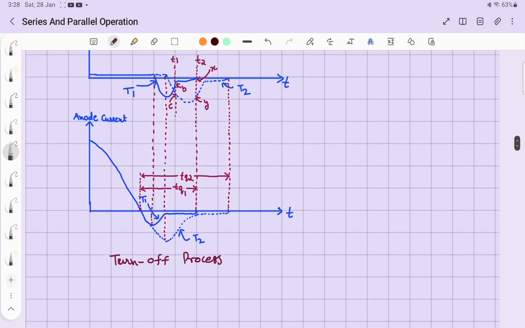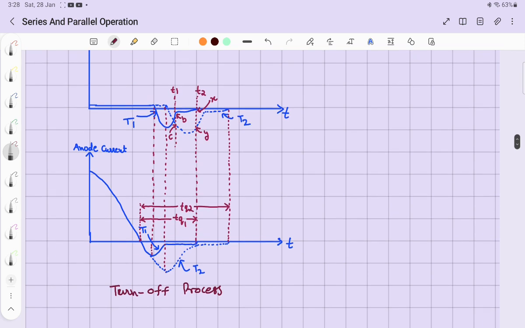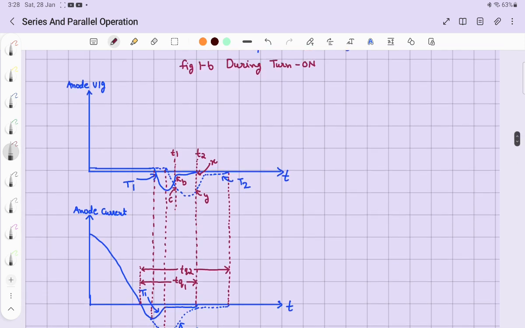You can see the turn off process of thyristor T1 is fast.